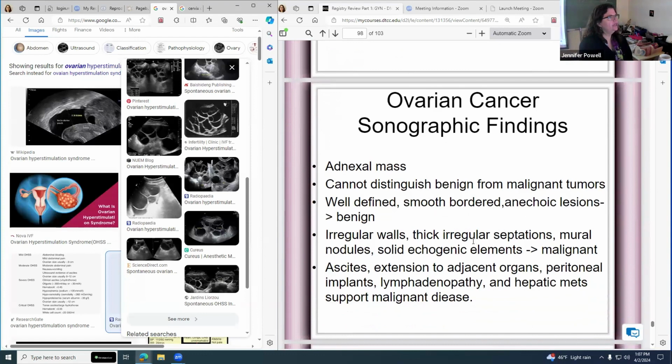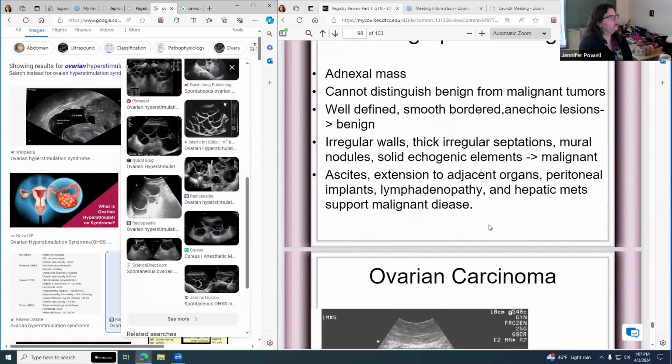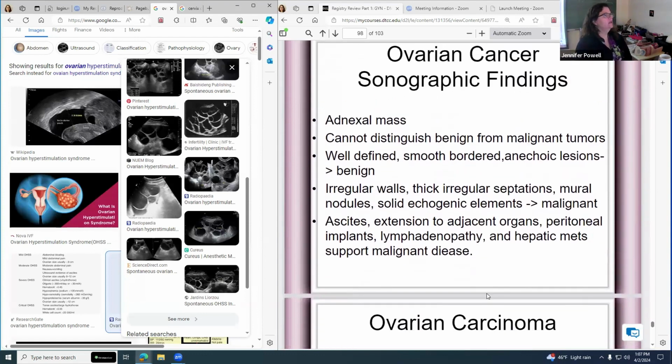So sonographic findings of ovarian cancer are adnexal mass. Obviously, we cannot always distinguish between benign and malignant tumors. If you have well-defined, smooth-bordered, anechoic lesions, that's benign.